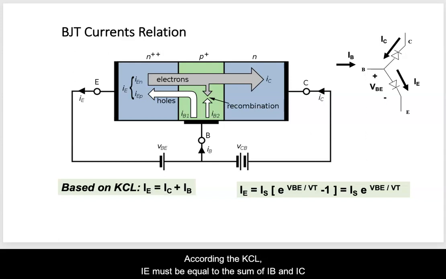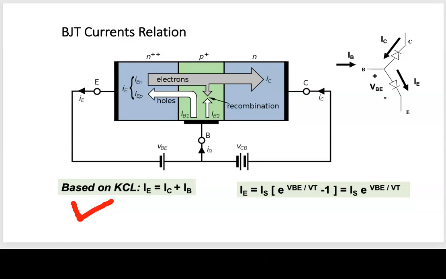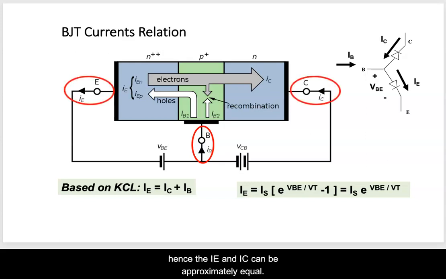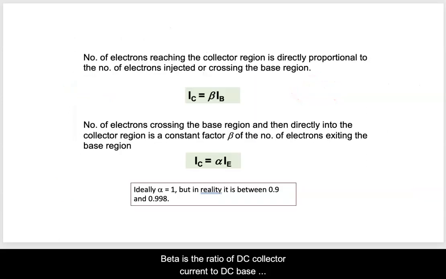According to the KCL, IE must be equal to the sum of IB and IC. Normally, IB is very much less than IC, hence the IE and IC can be approximately equal. Beta is the ratio of DC collector current to DC base current of BJT.